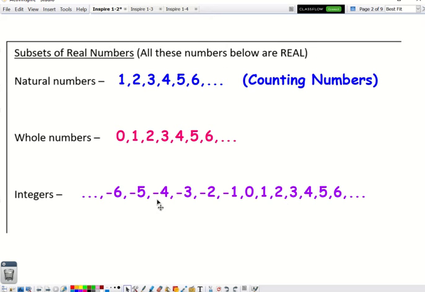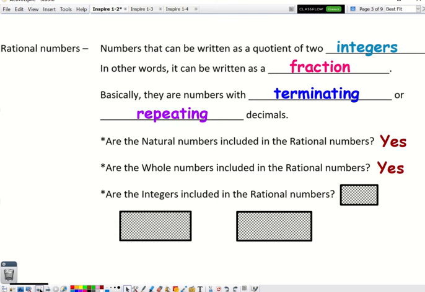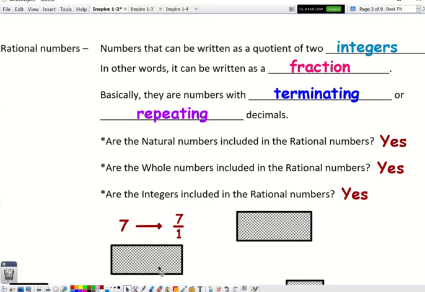Can you include all of these numbers? Is -5 rational? Is -2 rational? Is -50 rational? Can they be written as fractions? Do they have decimals that either terminate at some point or repeat a pattern? And that answer is yes.